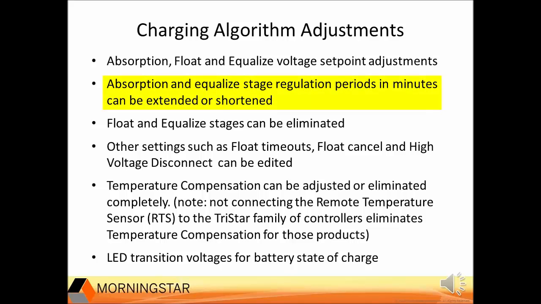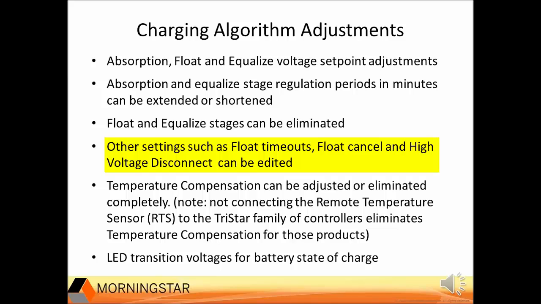Absorption and equalized stage regulation periods in minutes and hours can be extended or shortened. So that means extend the time that the regulation occurs for the absorption and equalized states. The float and equalized stages can be eliminated completely if they are not required, and other settings can be adjusted as well.